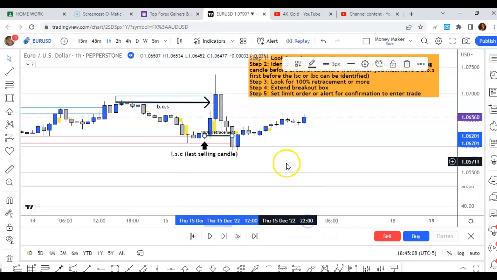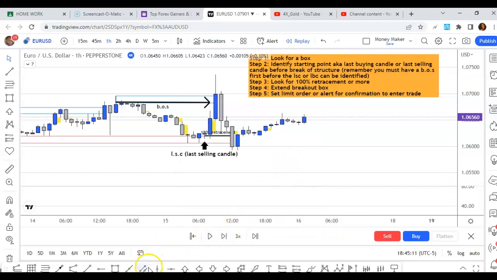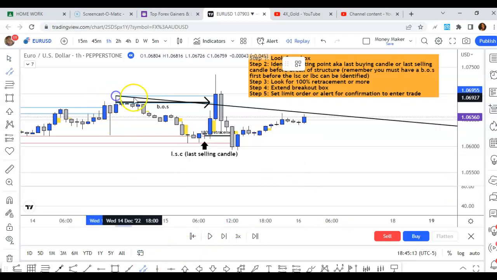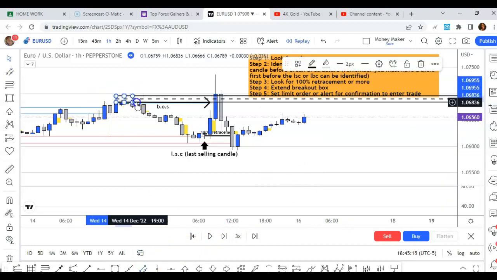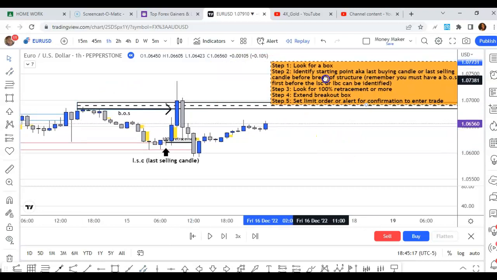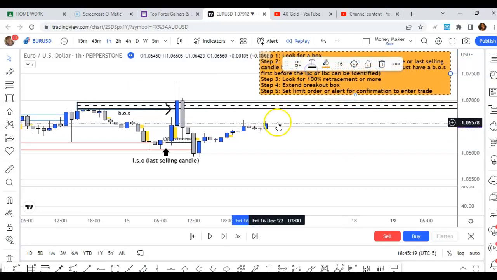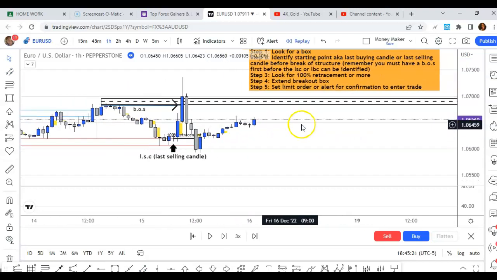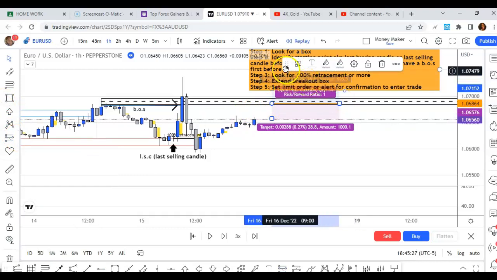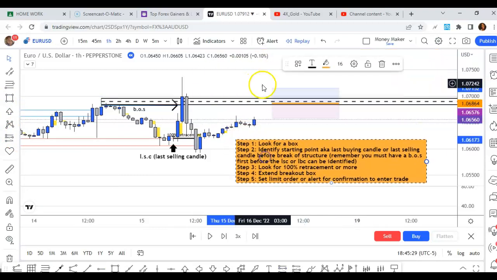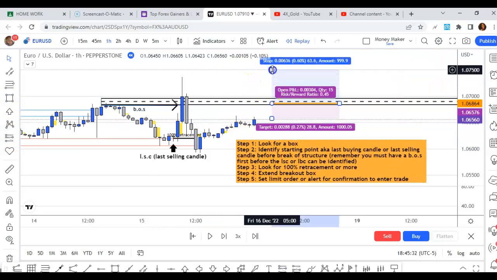Now that my box is activated, I'm going to go ahead and extend this box out, and I can set an alert, or I can set a limit order for a sell opportunity. So in this case, I'm going to go ahead and mark this for short. And remember what I said, stop loss is above the high.